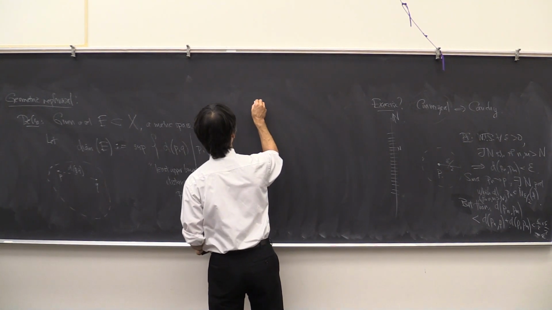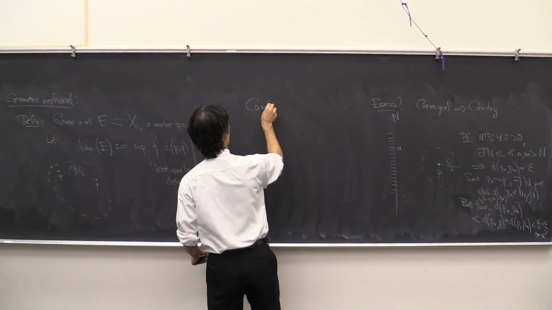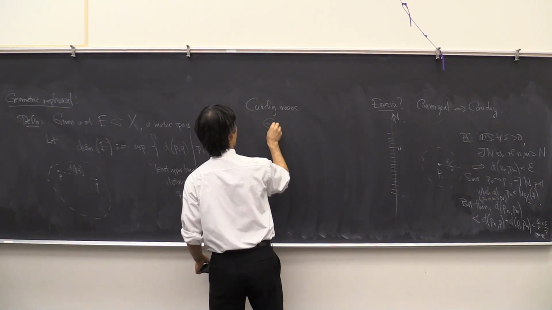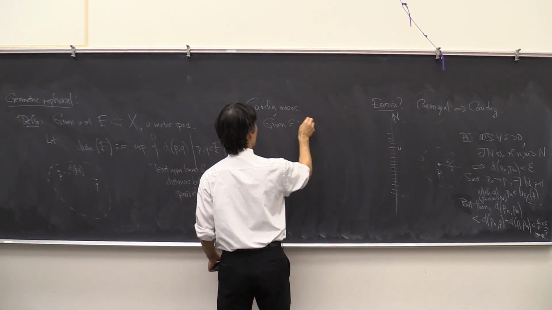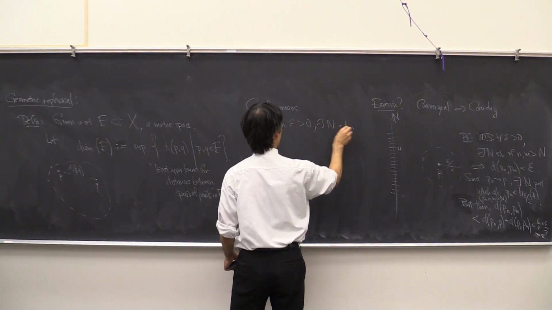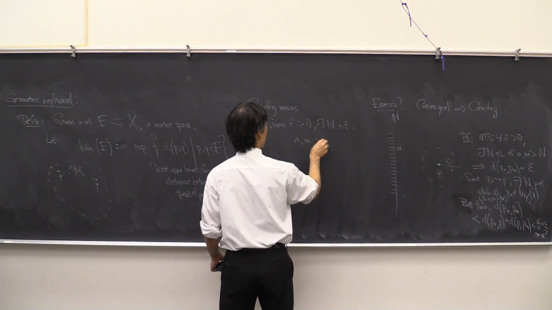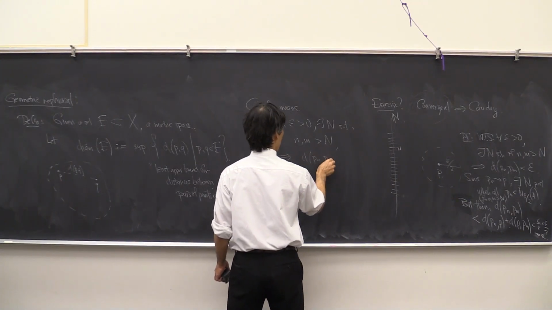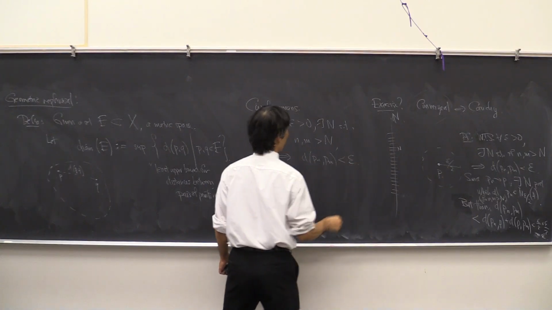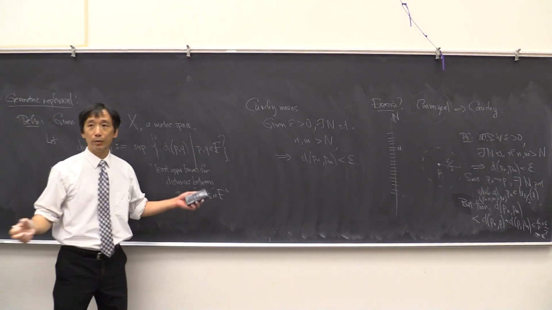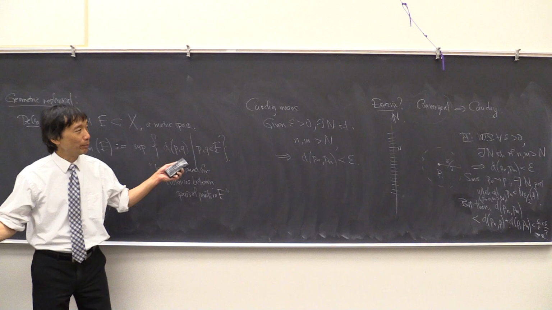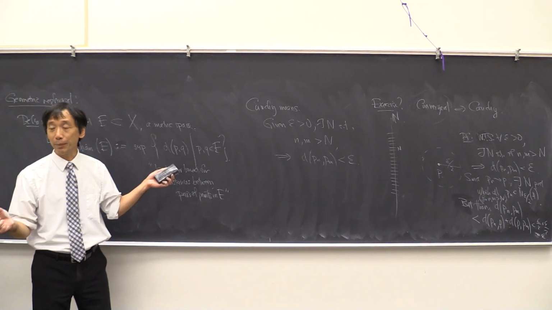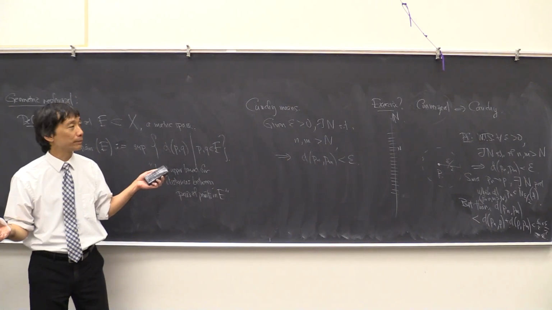Now recall Cauchy means that, given any epsilon, there exists an n such that when you're past that, the distance between the corresponding points is smaller than epsilon. So given any epsilon, you can find a time past which everybody's within epsilon of each other, and you can do that for any epsilon, no matter how small.